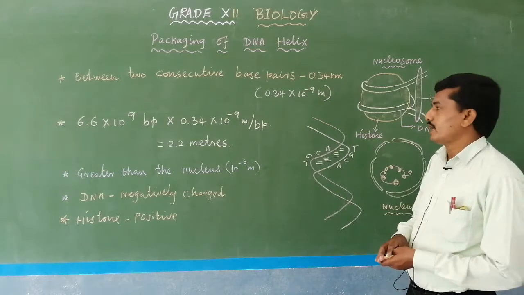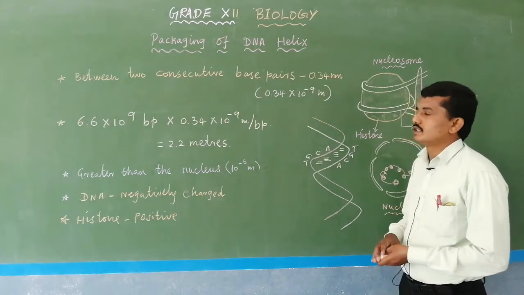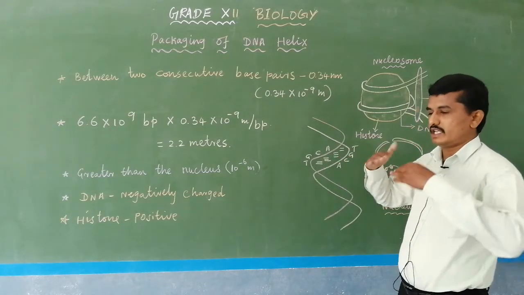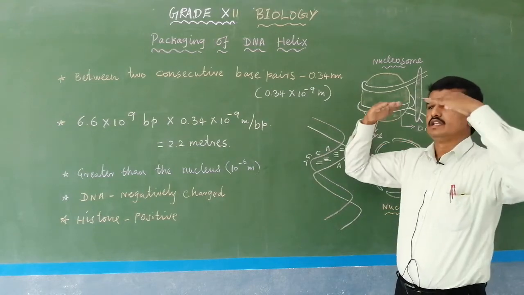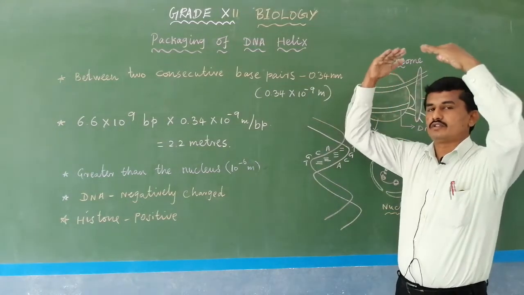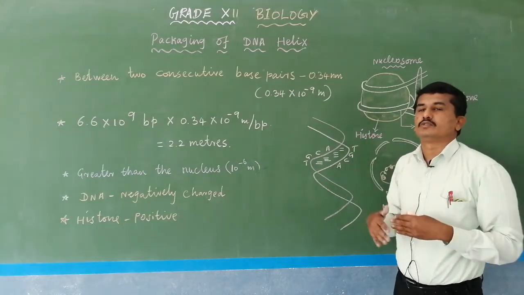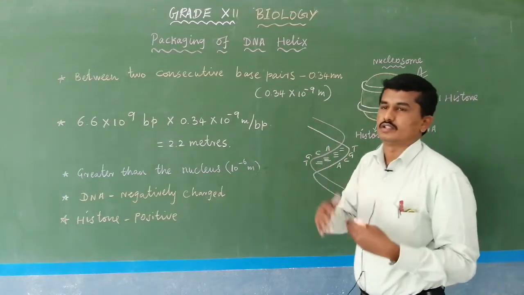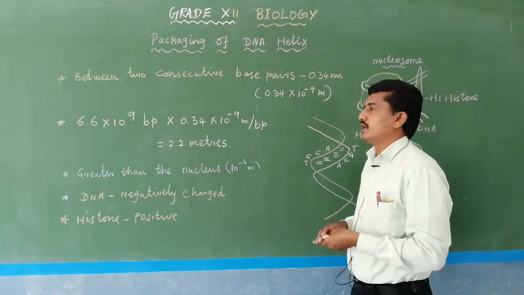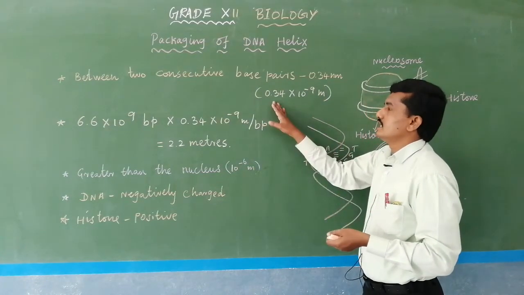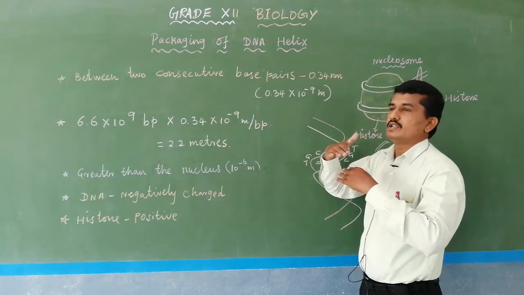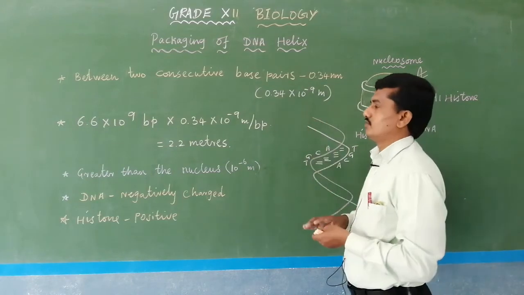Only four bases are already arranged in the DNA in various base pairs.